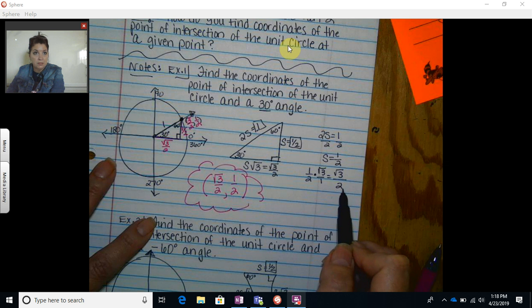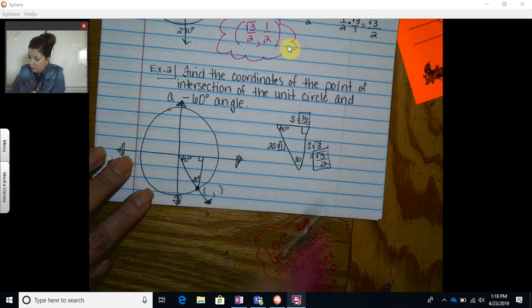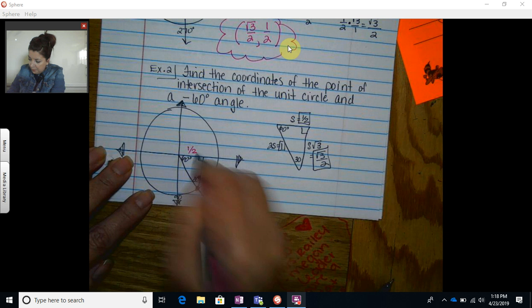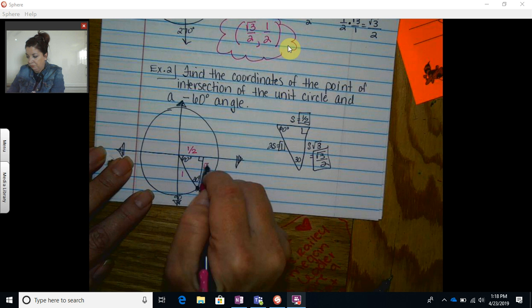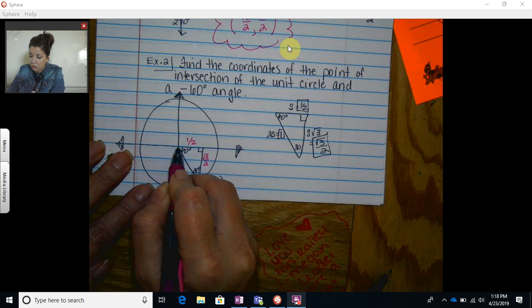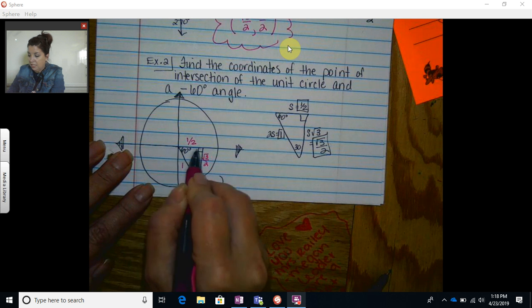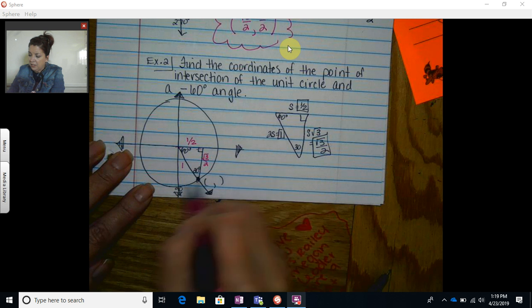All right, so now I'm going to transfer these back in. My small side is 1/2. Hypotenuse is 1, of course. And the leg across from the 60-degree angle is the square root of 3 over 2. Your x values are going to be the base. What's the distance from here to here on the x-axis? It's 1/2. And x values in this quadrant, are they positive or negative?